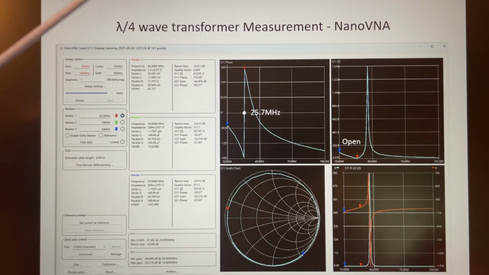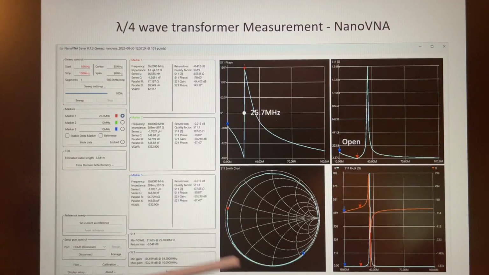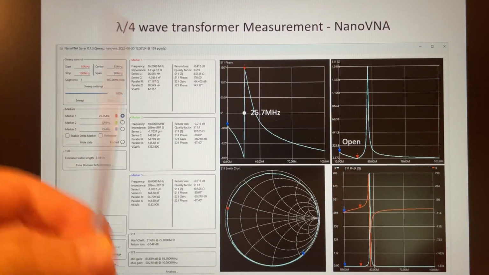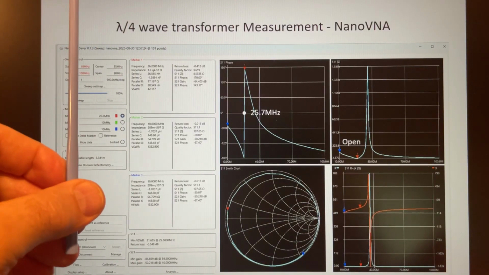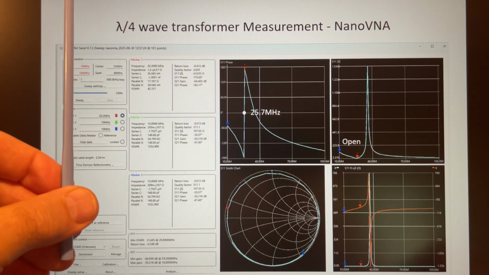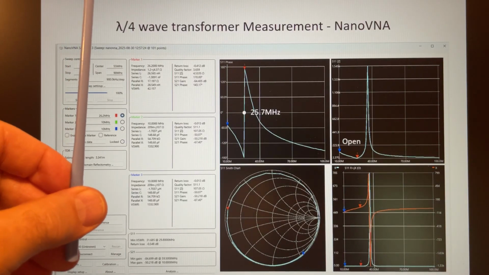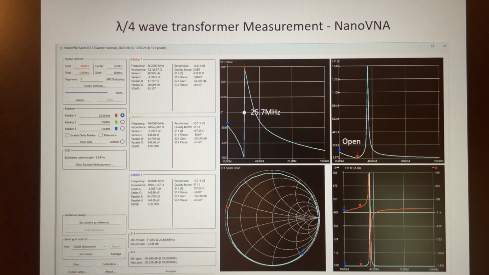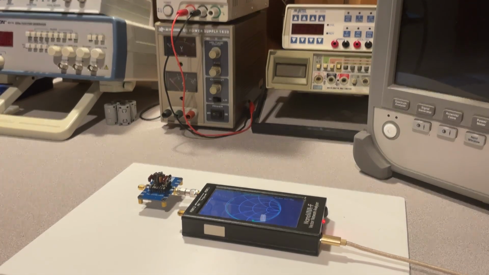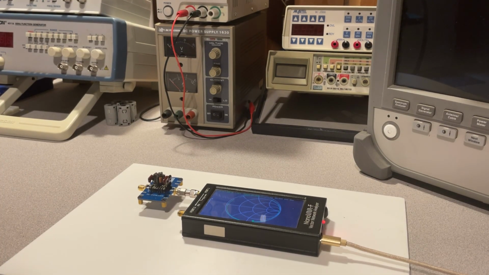This is derived with lumped components, but it should behave the same way as a quarter wavelength of coax. Let's take a look at that. Bear with me a minute and allow me to set that up. All right, here we have a quarter wave transformer built with discrete components.